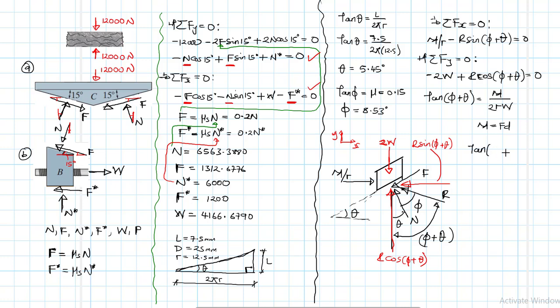Phi we calculated as 8.53 and theta is 5.45.